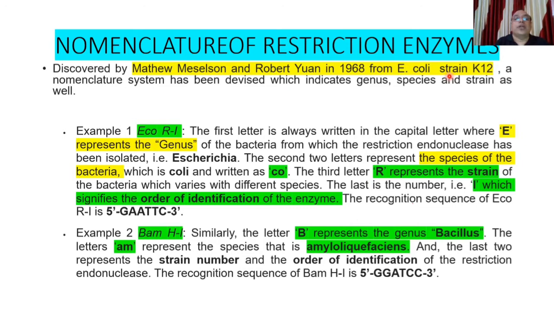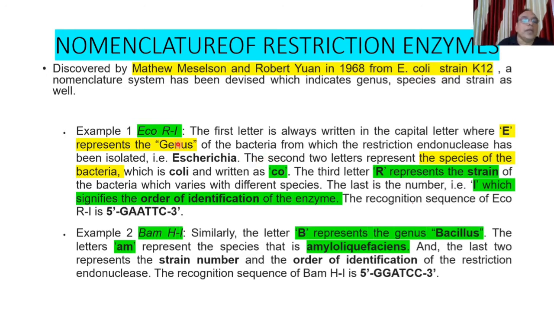Then the next letter will represent the strain. That is, R is the strain. And 1 is the number of the enzyme discovered, 1, 2, 3, 4. So EcoR1 is the first enzyme discovered from the R strain of the bacterium Escherichia coli.